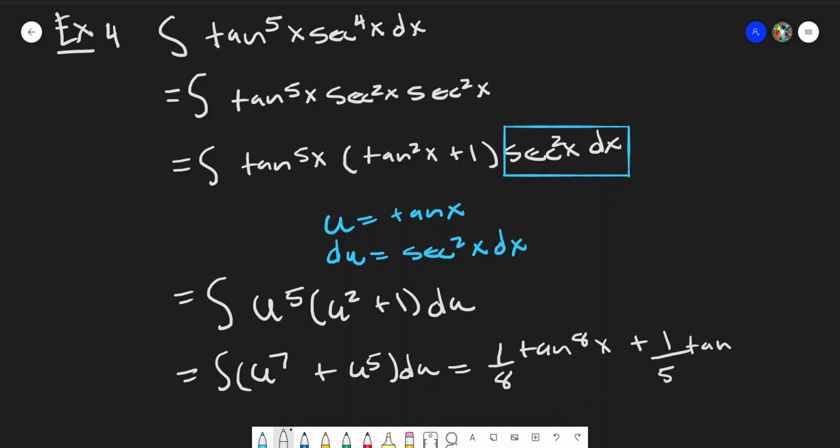It's supposed to be tangent to the 6th power, so that's going to be a 6 actually in the denominator. So tangent to the 6th x, and then plus c. And then that would be it.